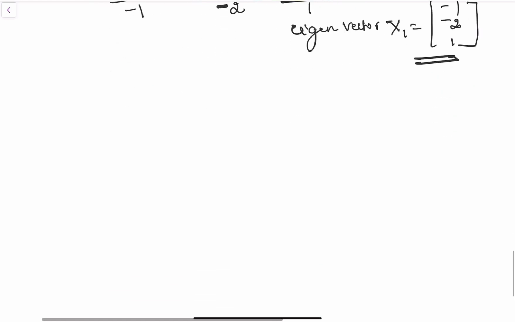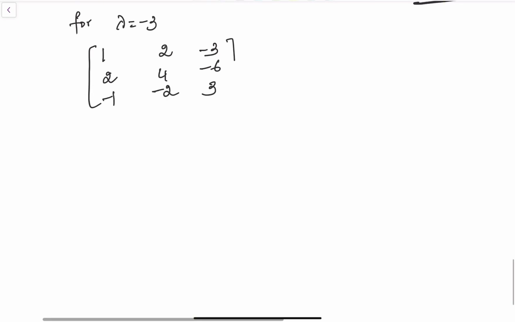Okay, now the thing here is you have to find the eigenvector for lambda is equal to minus 3. So similarly you have to fill in the value for lambda and you have to get the matrix. So it is 1 2 minus 3, 2 4 minus 6, minus 1 minus 2 3, and you have x1 x2 x3 is equal to 0 0 0.